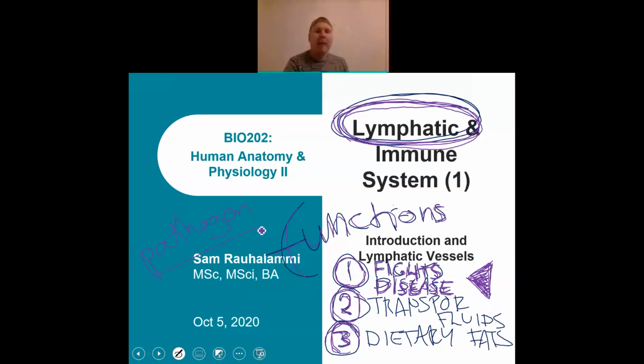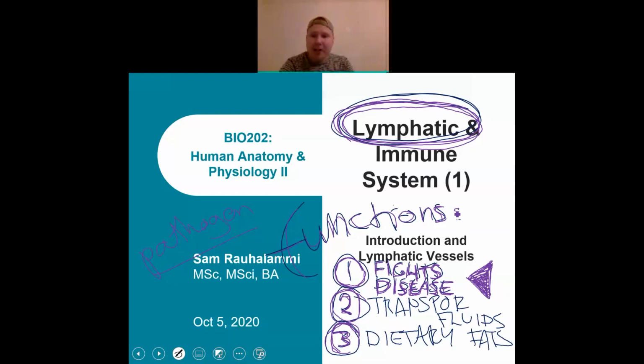And we're going to talk about pathogens a little later when we look at the immune system. But these pathogens have invaded your body and shouldn't be there. And it is the lymphatic and immune system's job to deal with those. So that's probably the first and most important, and often also most obvious, function of the lymphatic system.